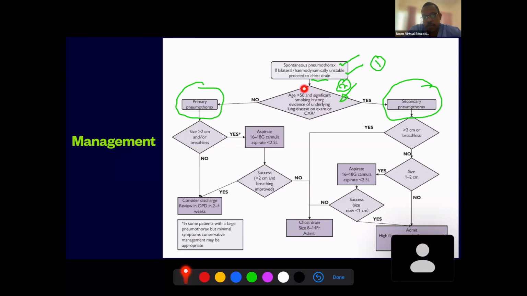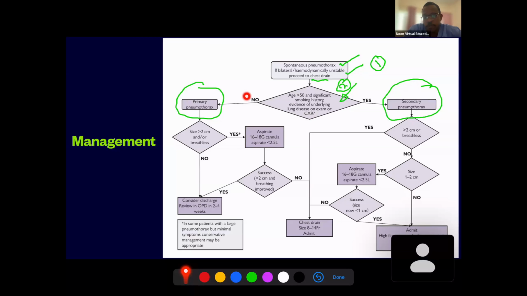So we are here now. Age of the patient more than 50? Patient had a significant history of smoking? Patient had an underlying lung disease? Or you did a chest X-ray and found something like, for example, empyema, whatever.